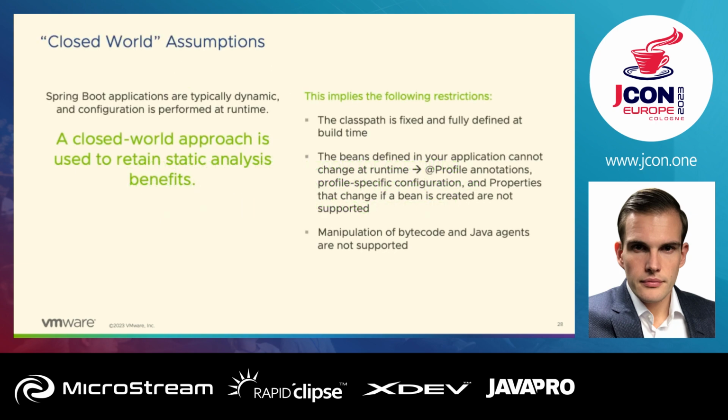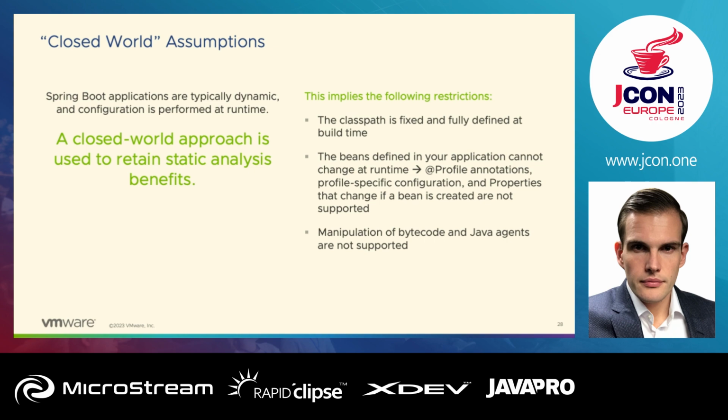And for that, they really use the closed world assumption, because at the end, Spring Boot is a really dynamic framework. And the approach is that they are limiting how Spring Boot behaves, or functionality that's not available as a native image. For example, you are not able to change the application context at runtime via, for example, profile annotations, or also specific configurations that change the context.